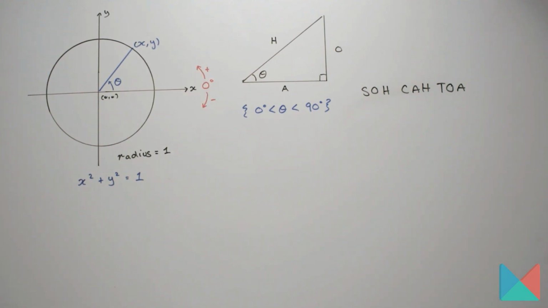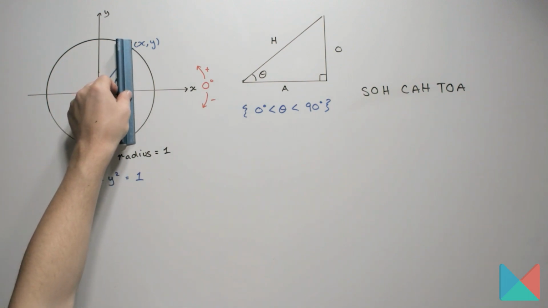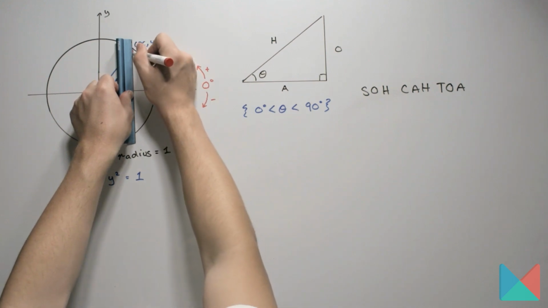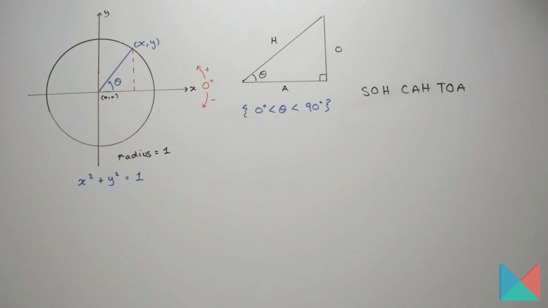Now we have all the tools to start redefining sine, cos, and tan using this unit circle. Now what we're going to do is draw a vertical line down from our x, y coordinate, and this is to make a right triangle. Let's now fill in the sides.